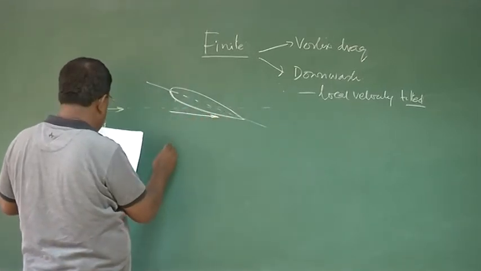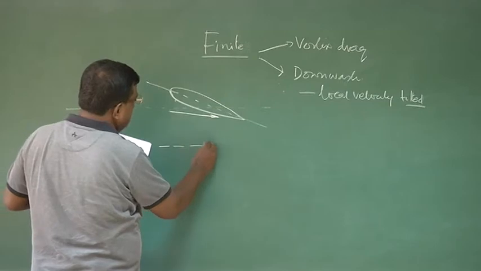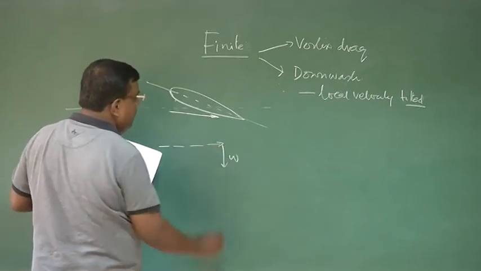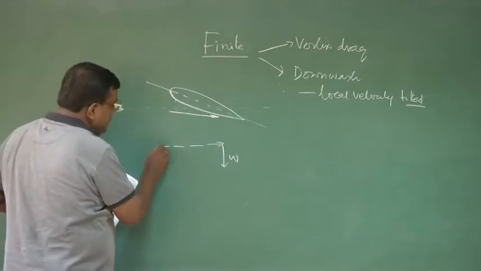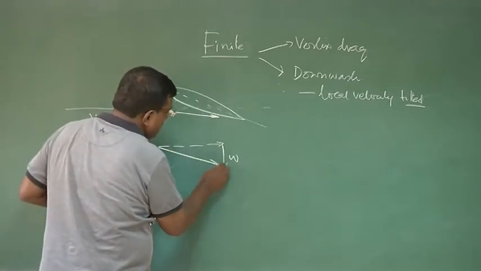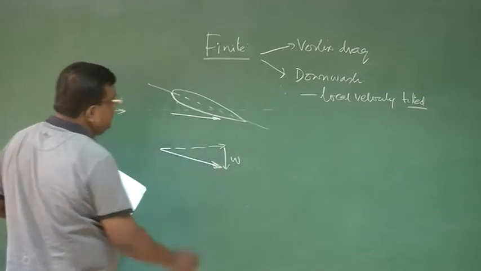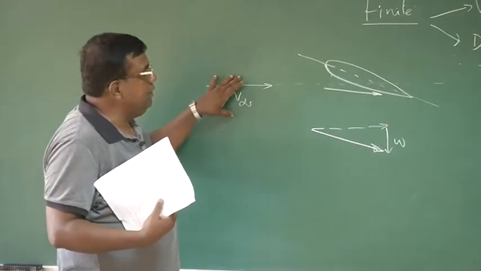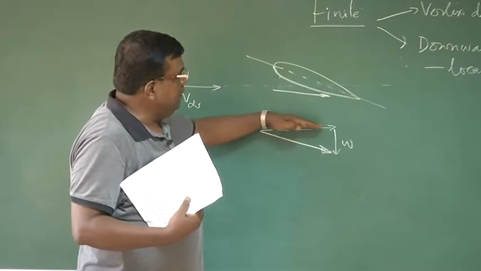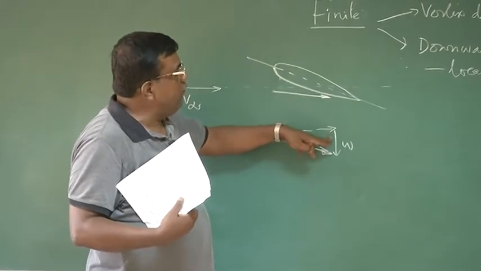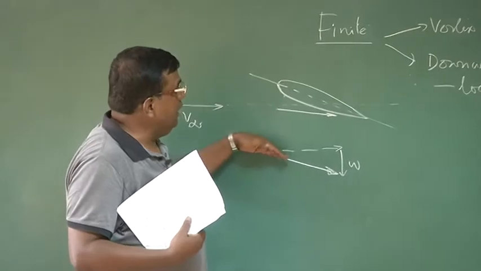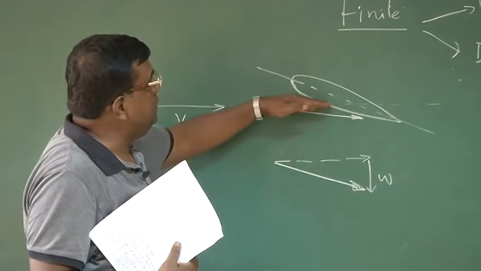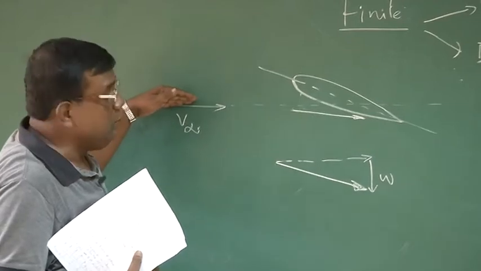And this tilt, if I try to draw, this is the free stream and this is the downwash denoted by W. Then this is the resultant velocity vector which comes because of the downwash. Please note that the free stream velocity gets superimposed with the downwash because of wingtip vortices, and the velocity vector gets tilted. So the local velocity vector is different from the free stream velocity vector.